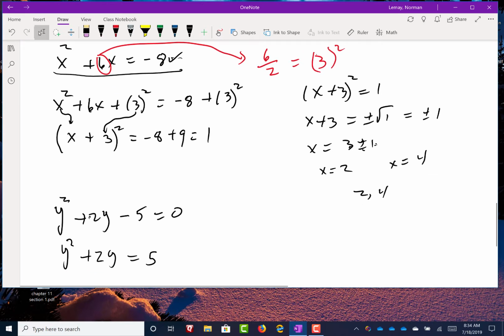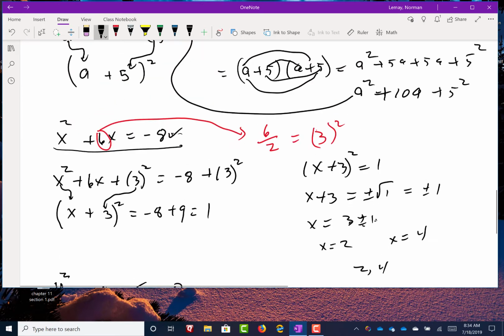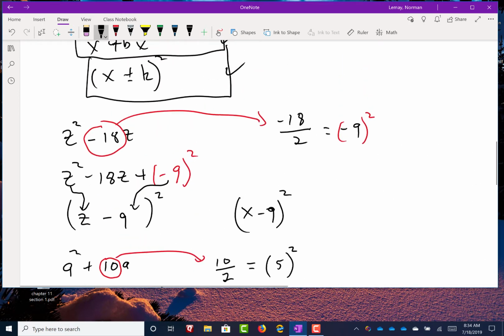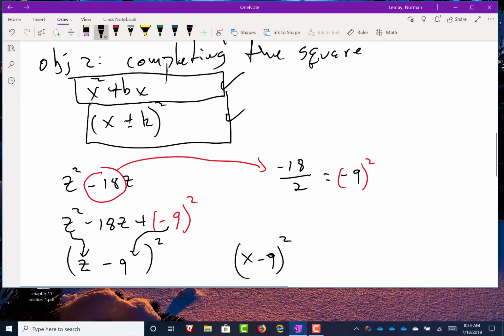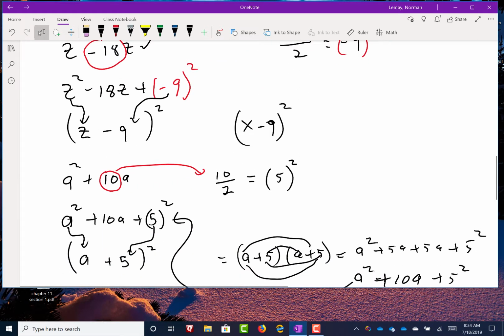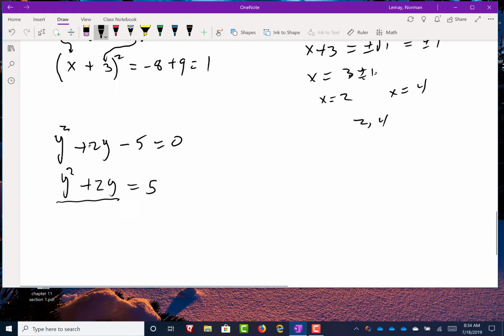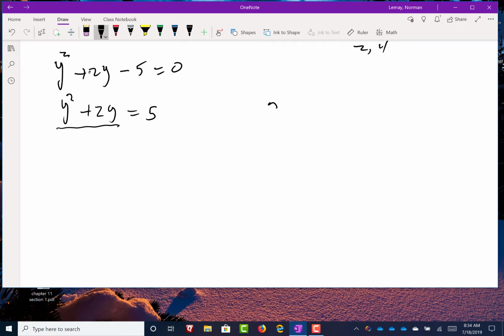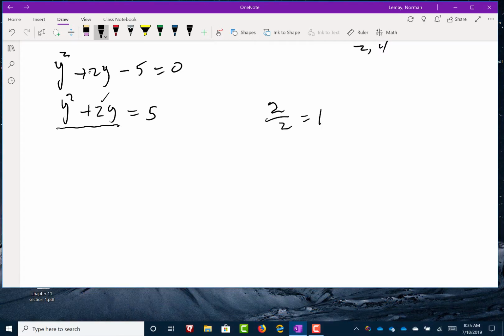So now we have this form here, and notice the left-hand side is in the form that we had when we were working with our stuff up here. Okay, so notice we'll just come over here and grab the 2 from here. Okay, so 2 divided by 2 is equal to 1, and then we take that 1 and square it.